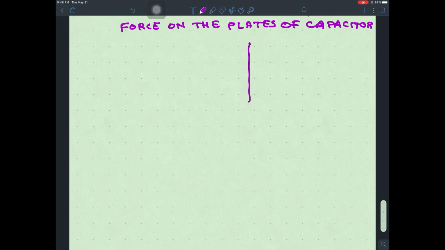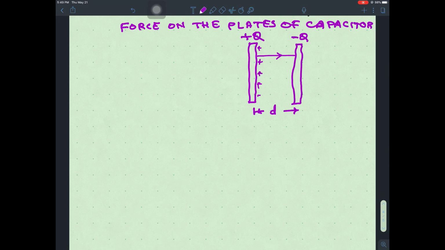Suppose here is a parallel plate capacitor, and in this capacitor, one plate is given plus Q charge and the other plate is minus Q charge, and the separation between the plates is D. What I would like to discuss with you is that in between the plates there will be an electric field. This side is positive charge, and this side is negative charge.